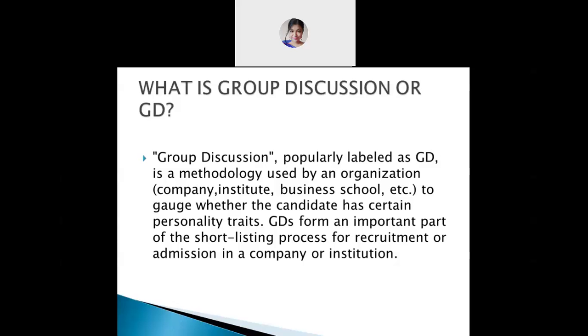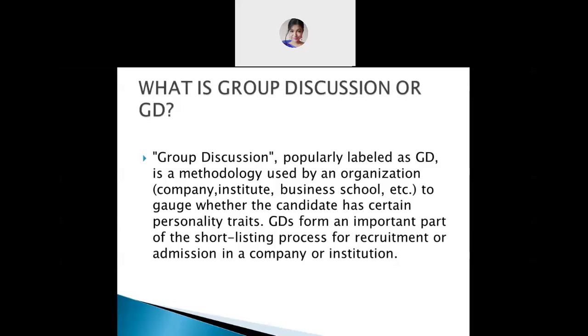But generally, suppose there are 10 members in a group, and you'll be given a topic just before the discussion, maybe 10 minutes earlier. After that, you have to discuss and interact with one another, and the interaction will be based on that particular topic.